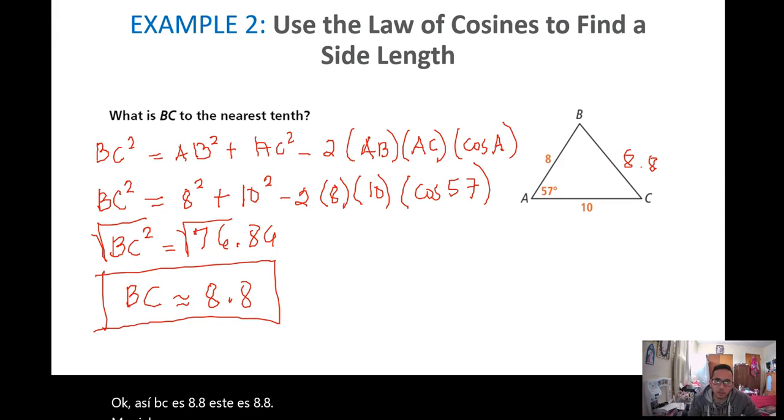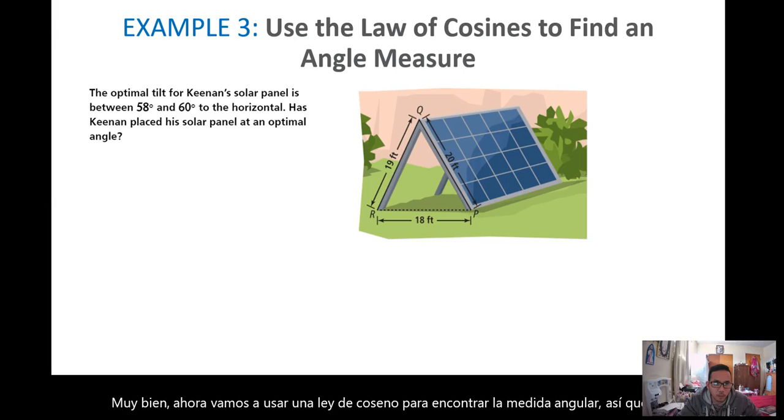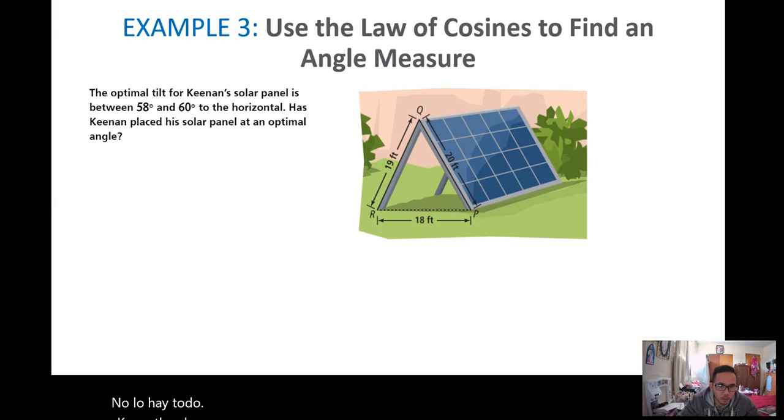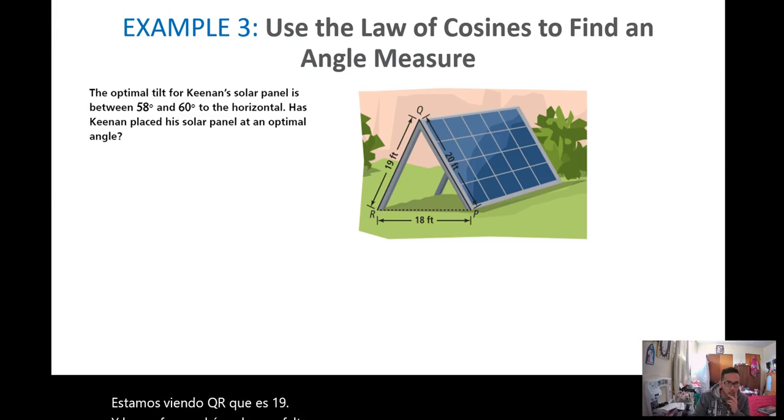All right, now we're going to use the law of cosine to find an angle measure. So the optimal tilt for Kiana's solar panel is between 58 degrees and 60 degrees to the horizontal. Has Kiana placed his solar panel at an optimal angle? All right, so first we're looking at QR, which is 19, and of course the missing angle is angle P. We're looking at the angle here.